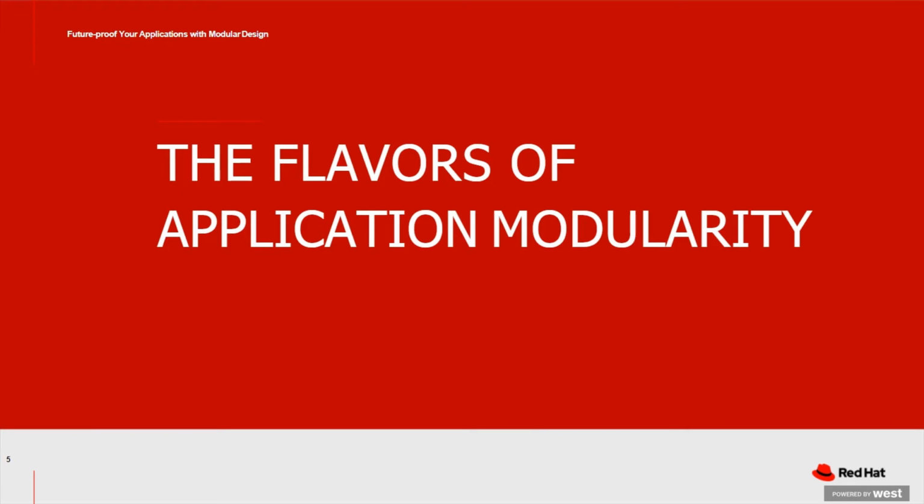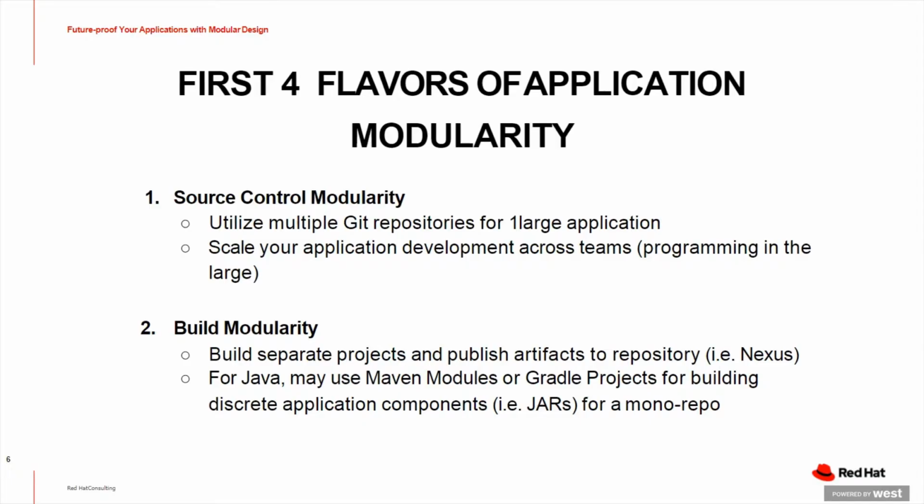Well, you need to think about application modularity and flavors of application modularity. So we're proposing 5 flavors of application modularity, with the first 4 being, number 1, source control modularity, where you utilize multiple Git repositories for one large application.